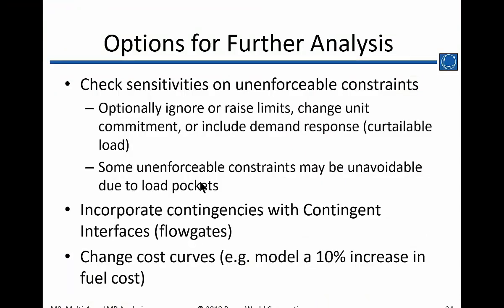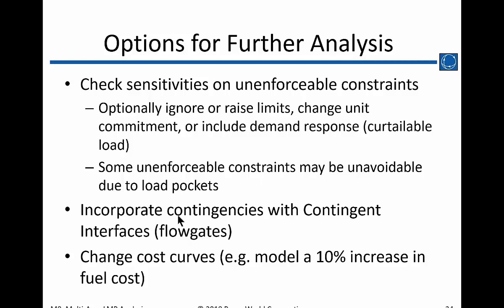Okay, so if we wanted to take a closer look at the 4 unenforceable constraints that remain, we could look at the sensitivities, like the TLR sensitivities for each of those constraints, and just see what's going on there. Do we have generation that's maxed out? Do we have only high sensitivities at buses that have no generation or no load? What's driving those unenforceable constraints?